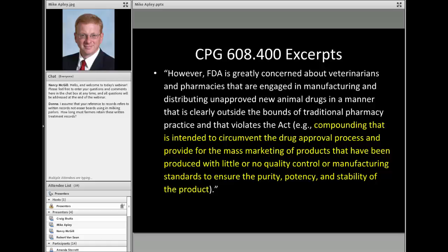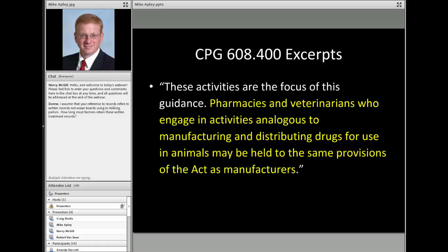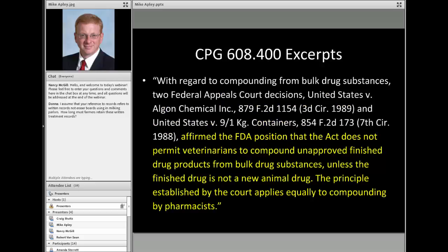Compounded drugs are not produced under good manufacturing procedures that are inspected by the FDA. The guidance states that pharmacies and veterinarians who engage in activities analogous to manufacturing and distributing the drugs for use in animals may be held to the same provisions of the Act as manufacturers. That means you're going to be held to a really, really high standard.